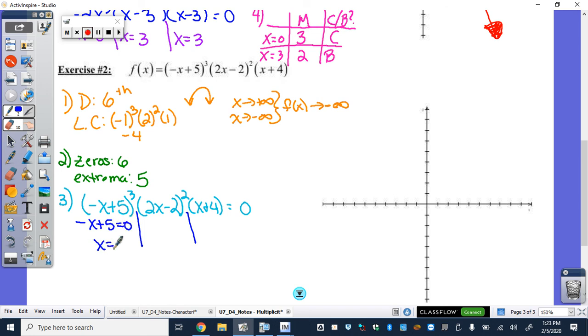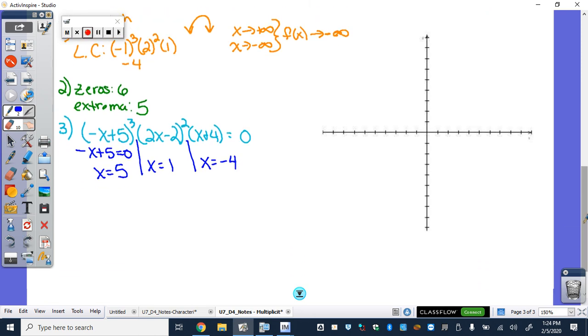And what does x equal? 5. That 2x minus 2, what does x end up equaling? 1. And then the x plus 4, we end up getting x equals -4.